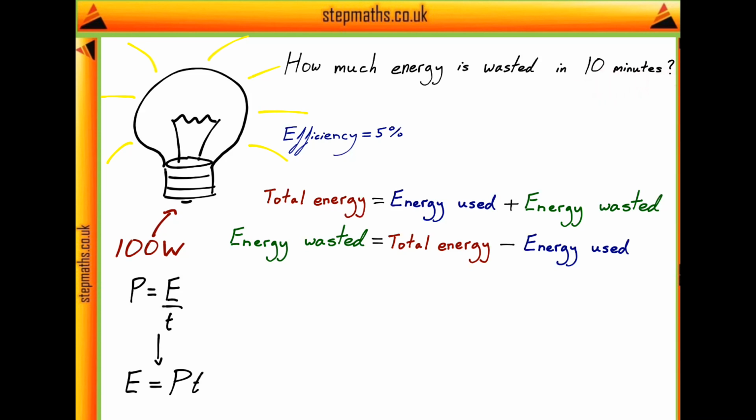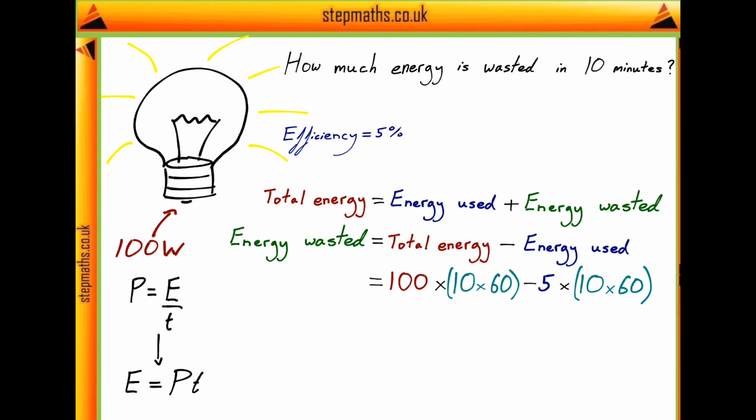Now at this point, it's important to note that the unit of power is watts, which means joules per second, so our time also needs to be in seconds. Since we also know the energy used as light is going to be 5%, since the efficiency of the light bulb is 5%, we can write down that the energy wasted is our 100 watts multiplied by our time in seconds, that is 10 minutes multiplied by 60 seconds per minute, take away our 5 watts which is used as light multiplied by our total time.